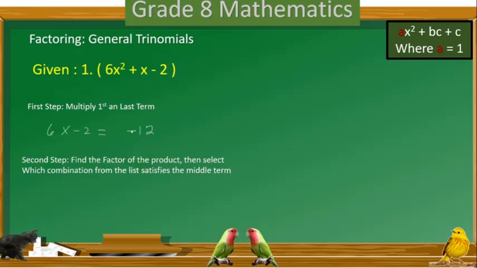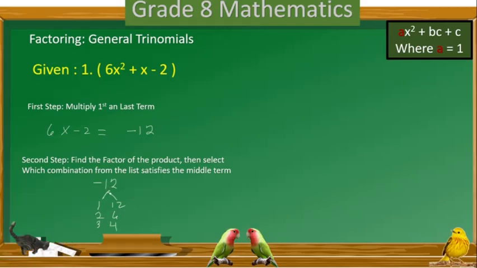Next is to find the factors, then select which combination from the list satisfies the middle term. Factors of negative 12. What are the factors of 12? The factors of 12 are 1 and 12, 2 and 6, 3 and 4.